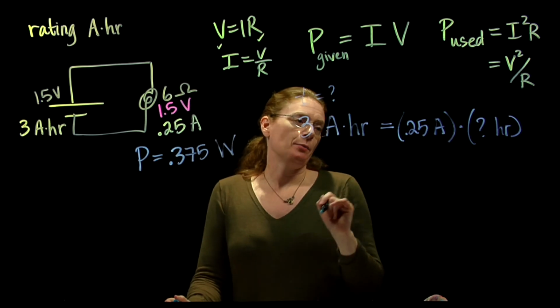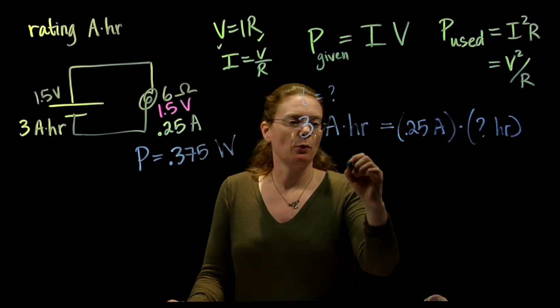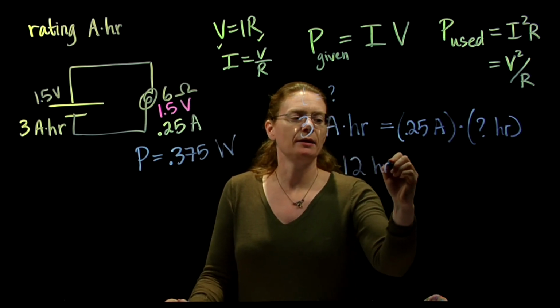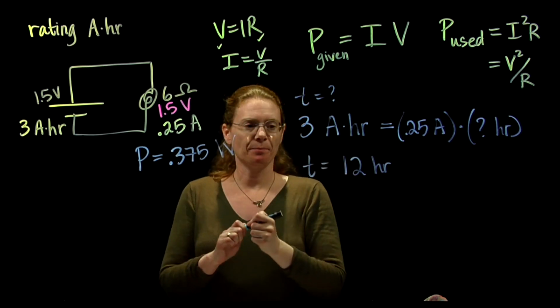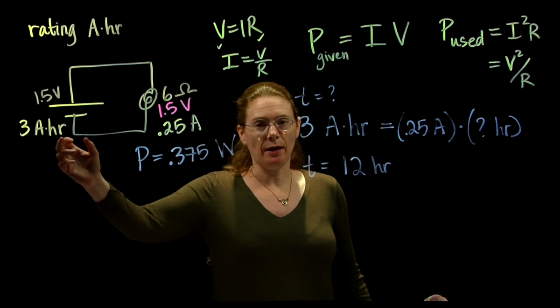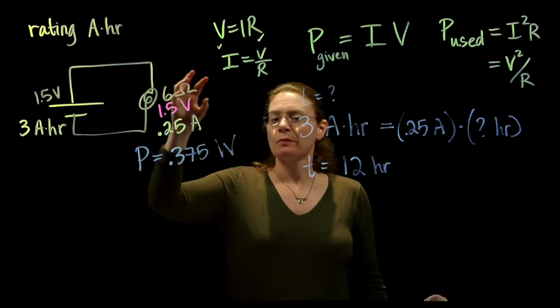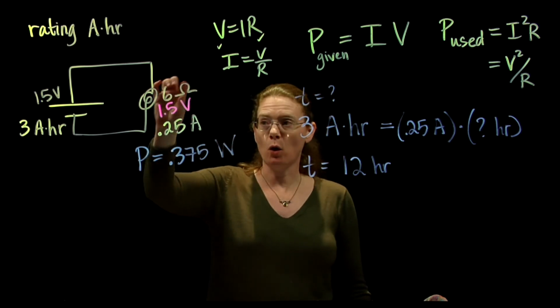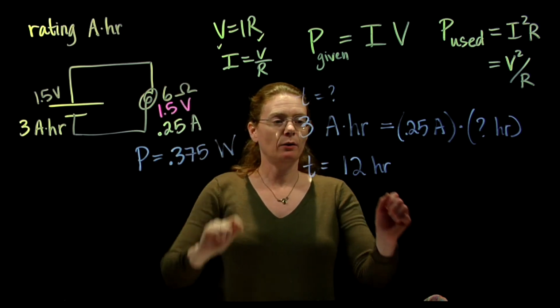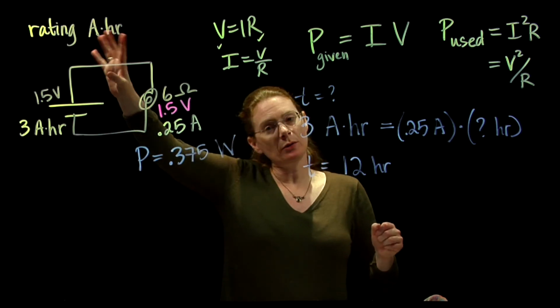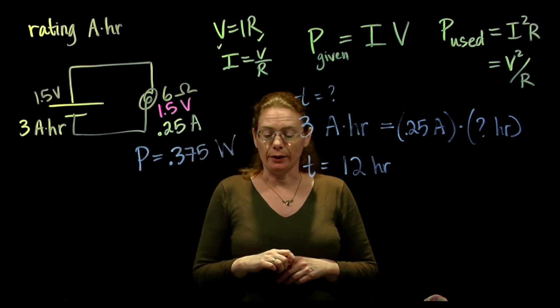So divide both sides by 0.25, that's 3 times 4, so my time is 12 hours. So a 3 amp hour battery at 1.5 volts would power a 6 ohm resistance bulb for 12 hours. So that's how we use the idea of the rating of the amp hour as well.